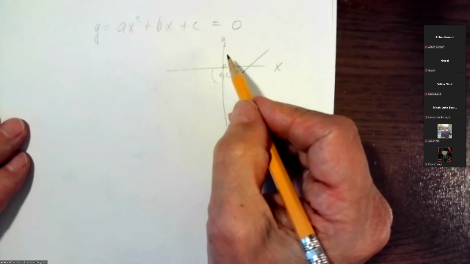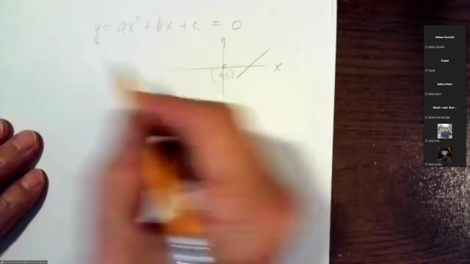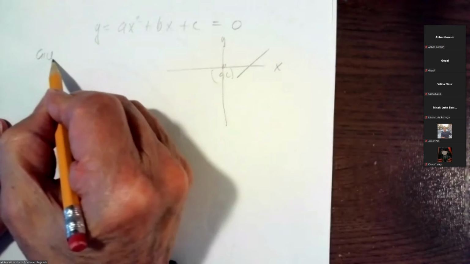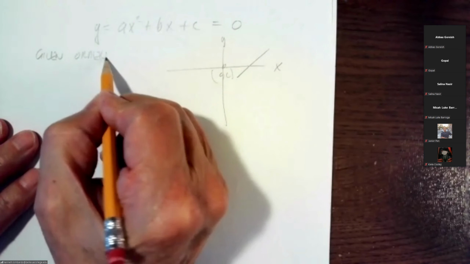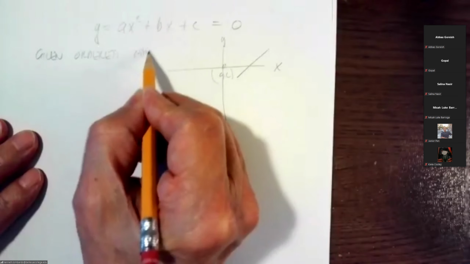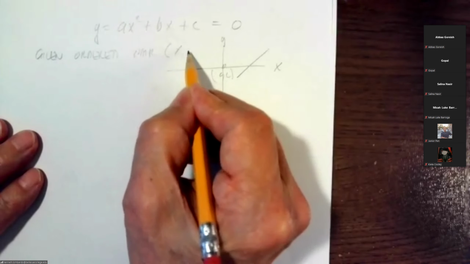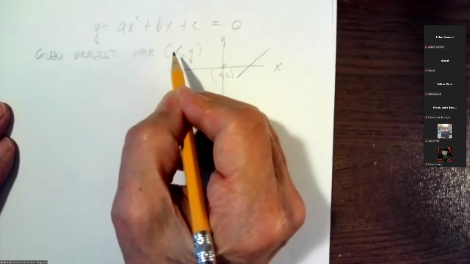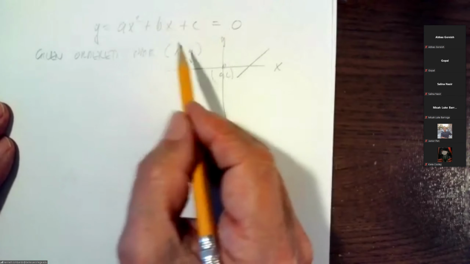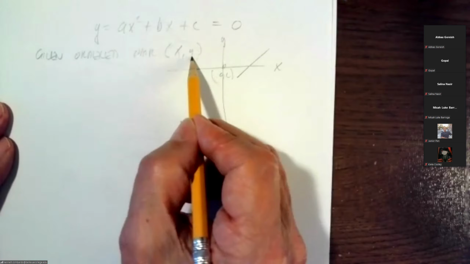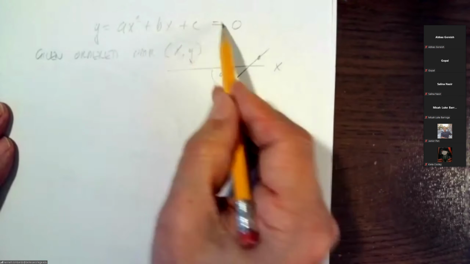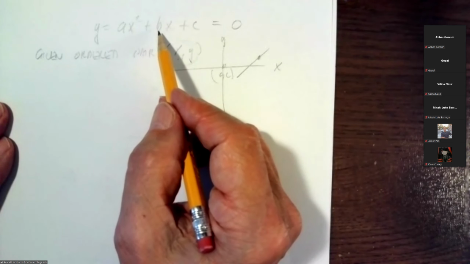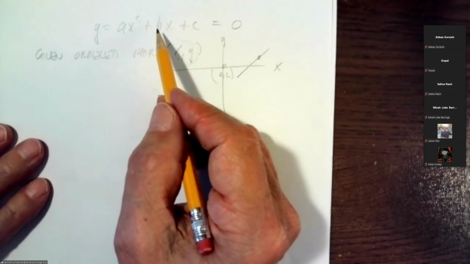And some of the things we might want to know is if we're given an ordered pair, where an ordered pair would be x and y as a potential solution, we would want to be able to determine, is this ordered pair in fact on the linear equation that we're talking about.